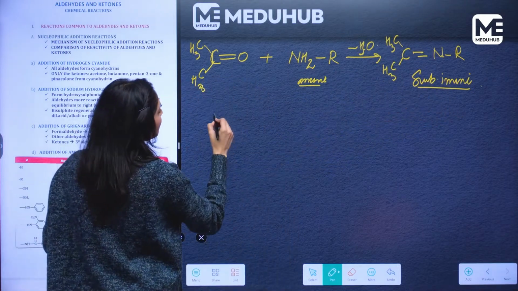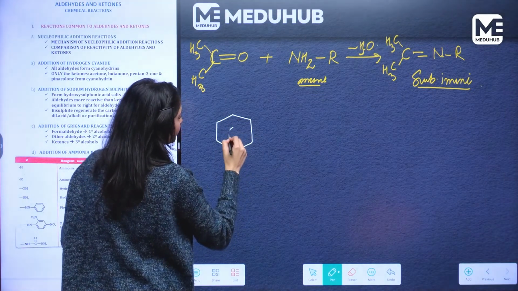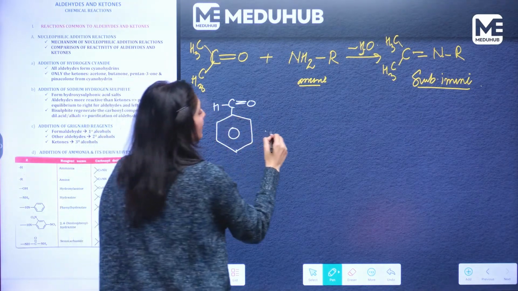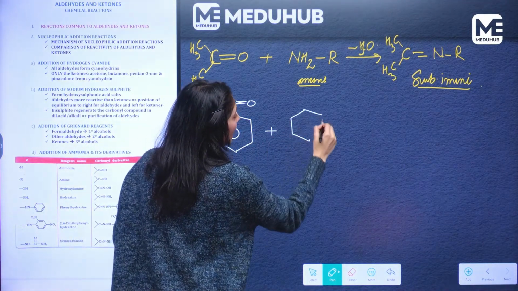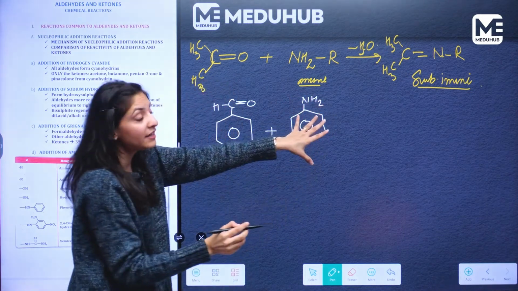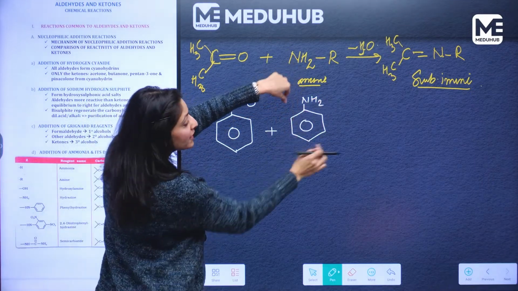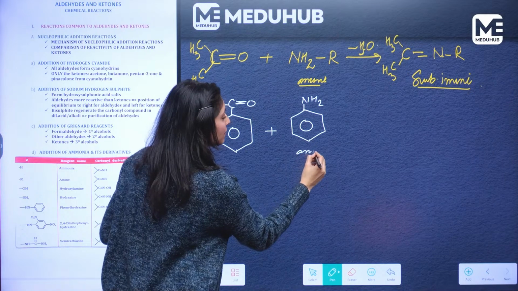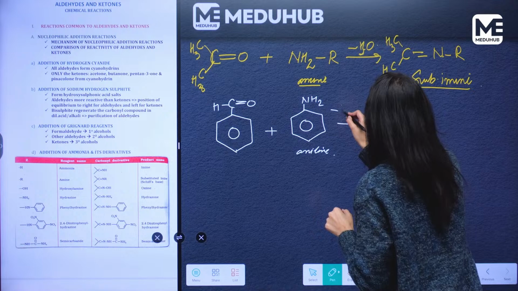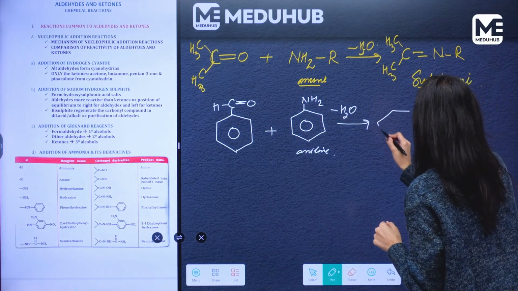Now if we have an aryl group attached, for that let us take this one. We have benzaldehyde reacting with aniline. So aniline here is NH2Z. Z is an aryl group. So NH2 attached to an aryl group here. This will lose a water molecule and we will get this as the product.